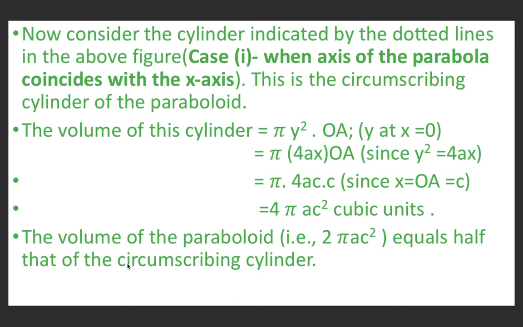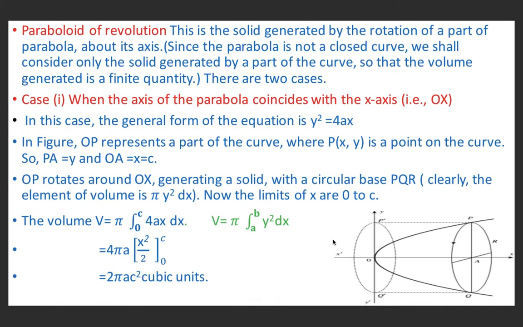Now consider the cylinders indicated by the dotted lines in the above figure in case 1. See, when the axis of the parabola coincides with the x-axis, and we rotate OP about the x-axis, this is the circular base of the solid of revolution generated, and this is the portion P dash Q dash.